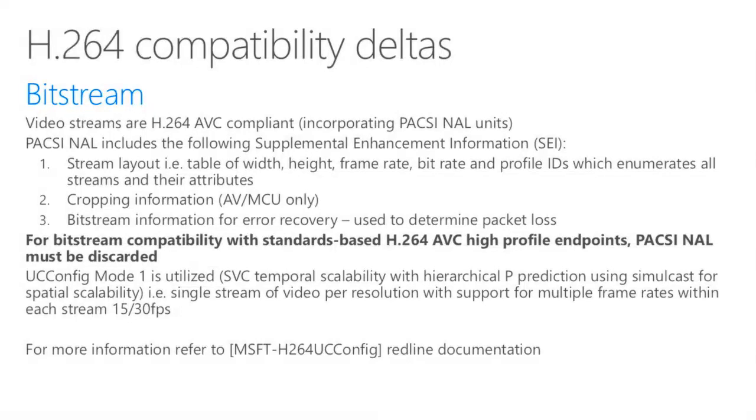So, for example, I'd be sending 7.5, 7.5, and 15. Taken together, I'm getting 30 frames. If I discard any of those, so if I discard the 15, then I'm left with 15. And if I discard the 15 and the 7.5, I'm left with 7.5. So each video stream, which represents a separate resolution, has the ability to be scalable from a frame rate perspective.